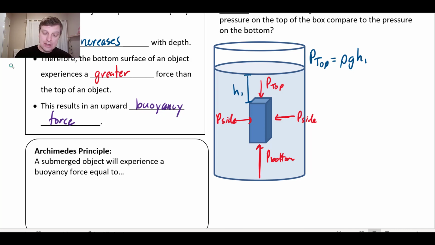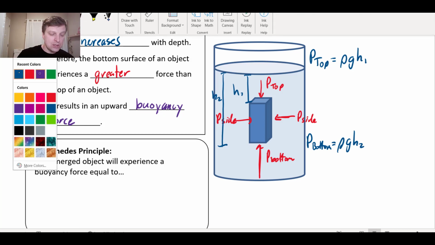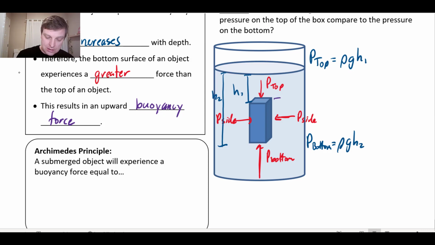Similarly, the pressure at the bottom, P bottom, would equal rho g h2, where h2 is the depth below the surface to the bottom of the object. Now there's a difference between these two. I'll call this distance delta h, which is the difference between the top and the bottom surface, which really is just the height of the object itself that's sitting in the water.